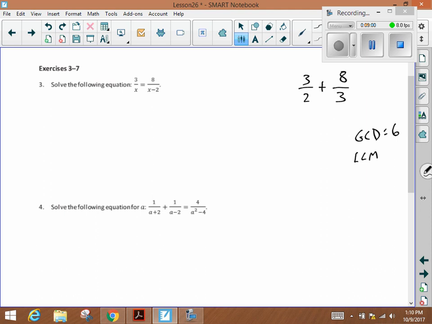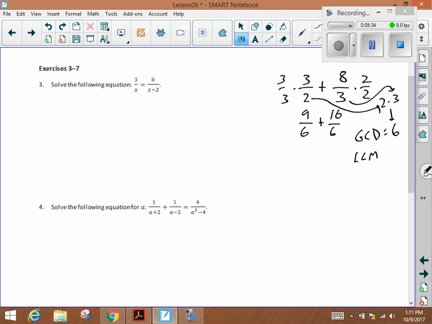So that means that I would have to multiply this one times 3 over 3 and this one times 2 over 2, in order to work that out. And then I would wind up with 9 sixths plus 16 sixths. And it all works out. Well, we're kind of doing the same thing with this one. What did we do with this one? Our greatest common divisor was 2 times 3, or if you look at it, there's our 2 times 3.